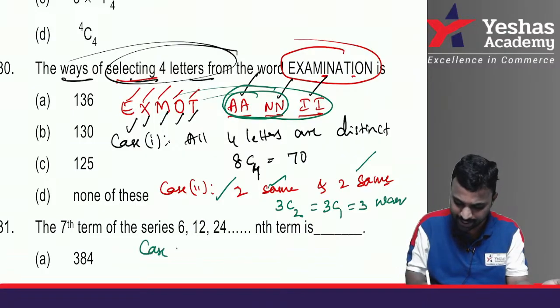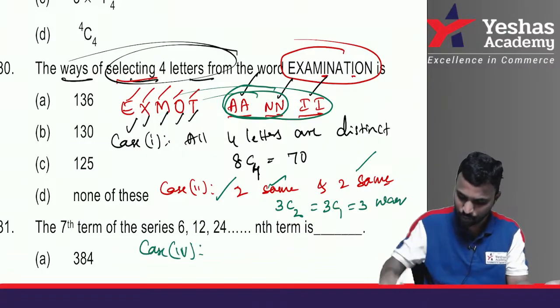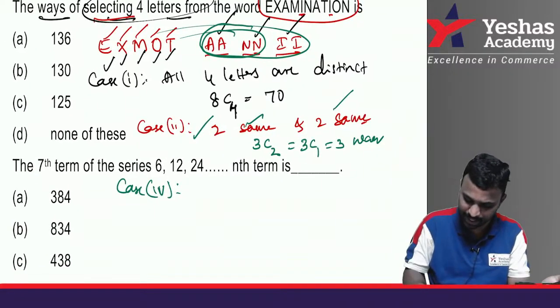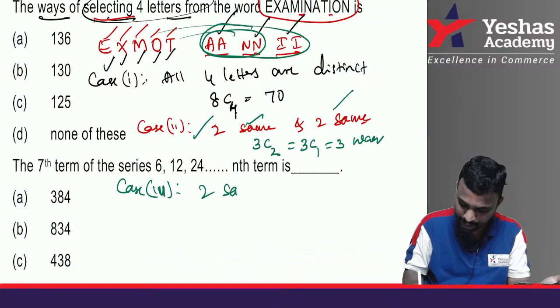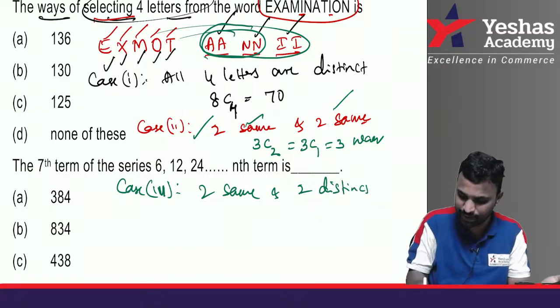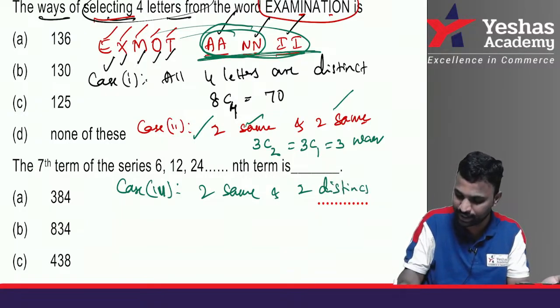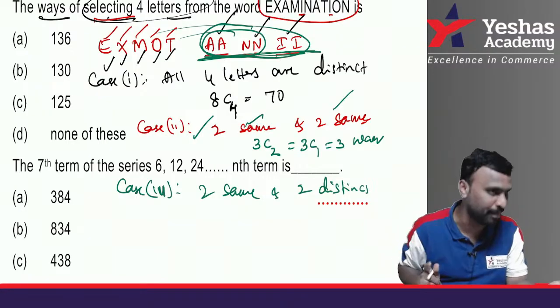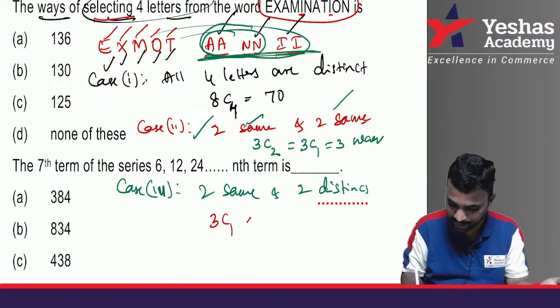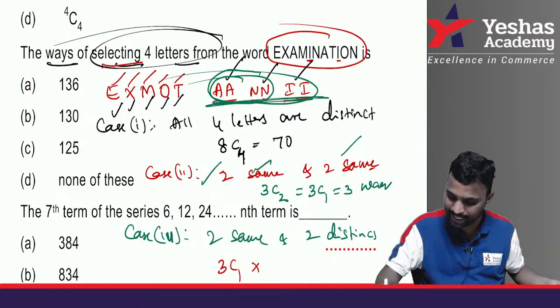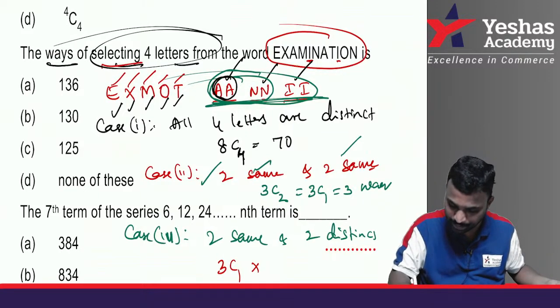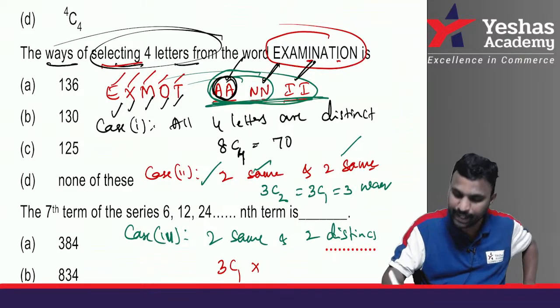And last case, guys, case number 3, I'm sorry. 2 same and 2 distinct. Guys, 2 same means obviously from the 3 pairs of same letters, you have to select any 1 pair. That means 3C1. And then let's say I selected this pair. Okay, so these 2 pairs are remaining.